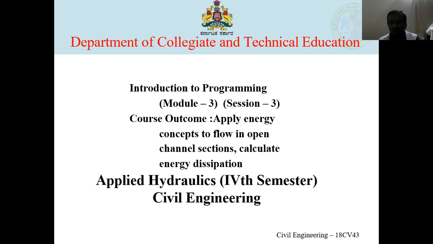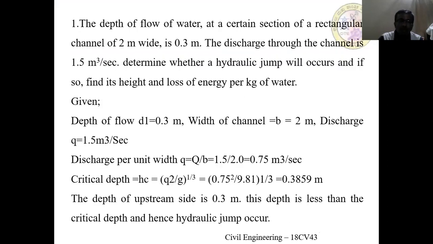Rapidly varying flow is one question, and gradually varying flow is another question. So in rapidly varying flow, when hydraulic jump is there, they may ask the derivation as well as the problem. So it is better to go through some of the problems related to the hydraulic jump.